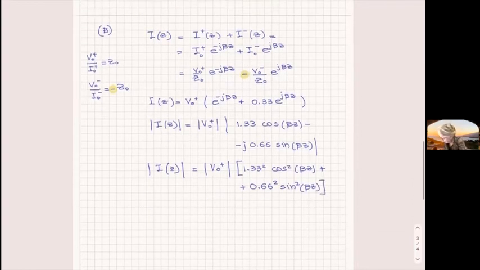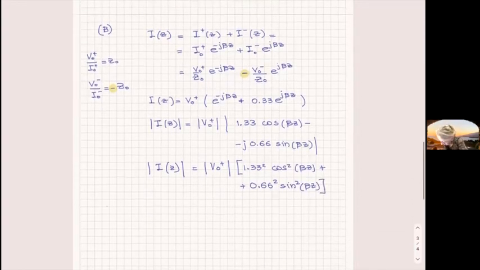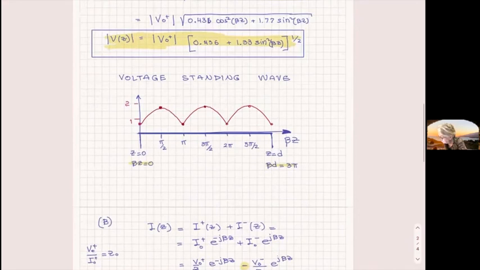All right. And that is going to give us that I of z is going to be V naught plus, and then we are going to have 1.33. What did we find here?